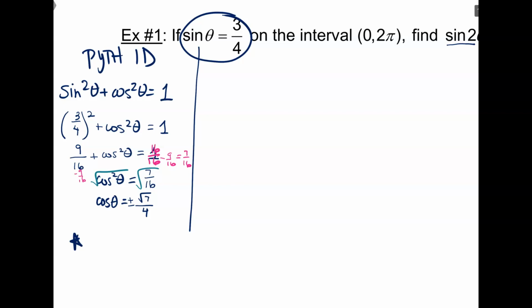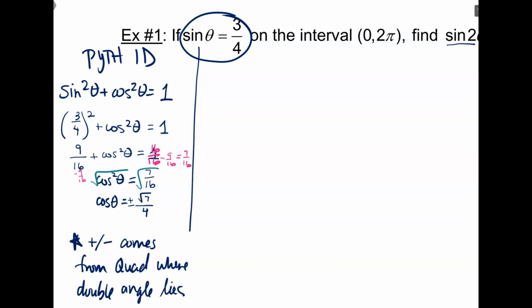So the reason I'm just going to take the plus is that your plus or minus comes from the quadrant where the double angle lies, whatever quadrant it hits in. That's how you can tell whether it should be positive or negative. I'm going to take the positive, and I'll figure out the sign at the end. So I'm just going to leave the positive one.